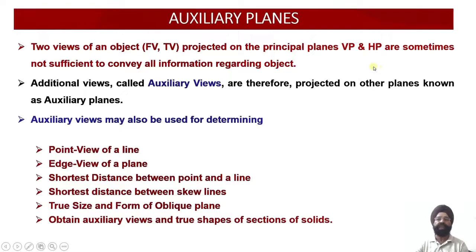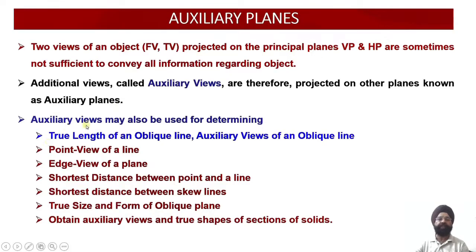So we work out that the front view and the top views which are projected corresponding to these inclined surfaces on VP and HP do not describe the actual shape of these inclined surfaces. So the additional views, which are called the auxiliary views, are therefore required to be projected on other planes, which are known as auxiliary planes.